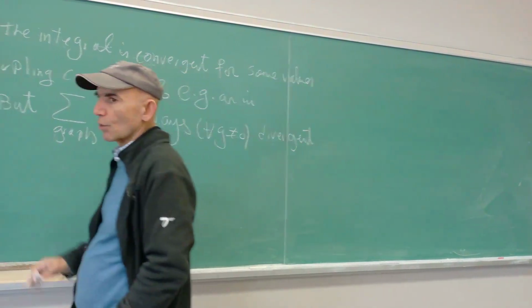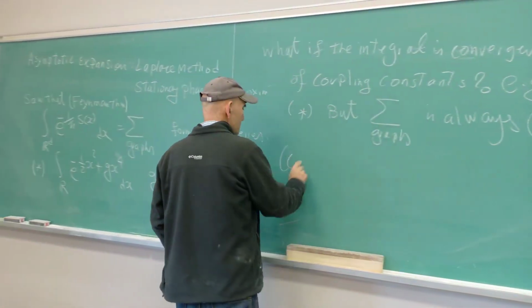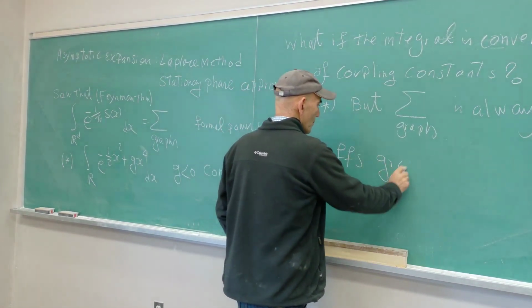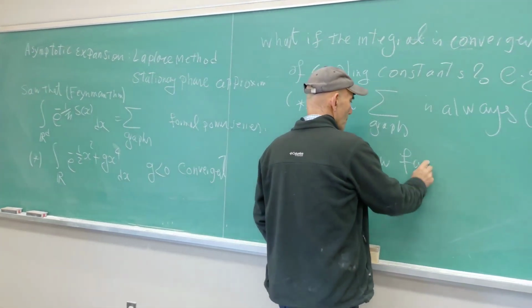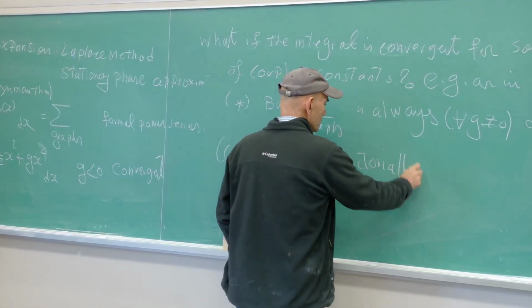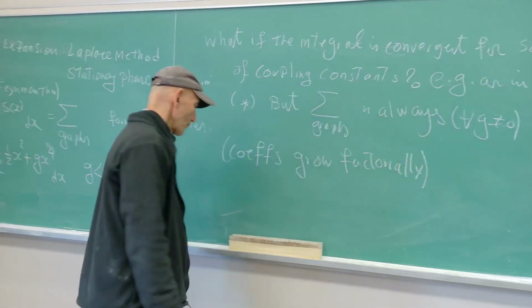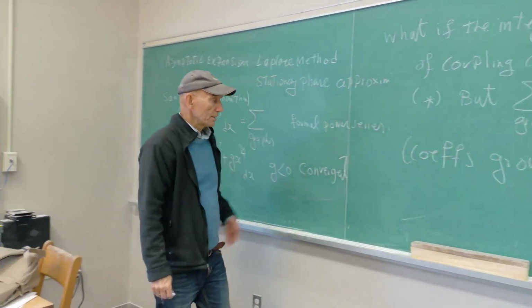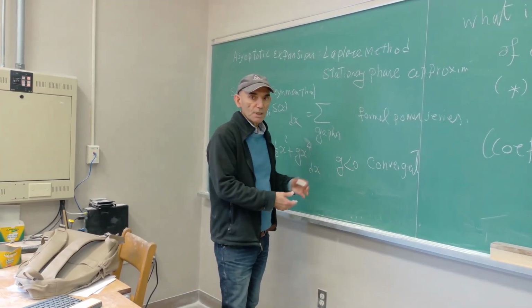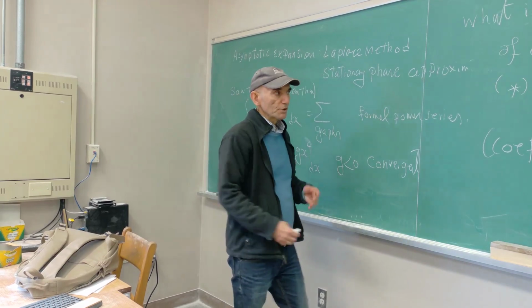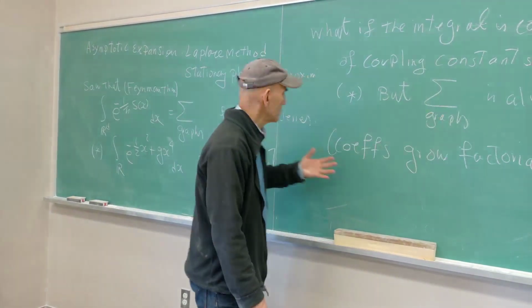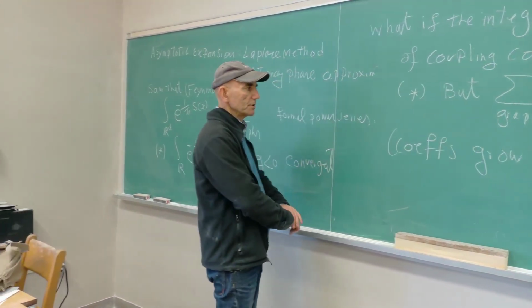The coefficients grow factorially. So it looks like the usual idea of summation of series in the usual sense is completely useless here. This is always divergent, this is convergent, so there can't be a relation between the two.